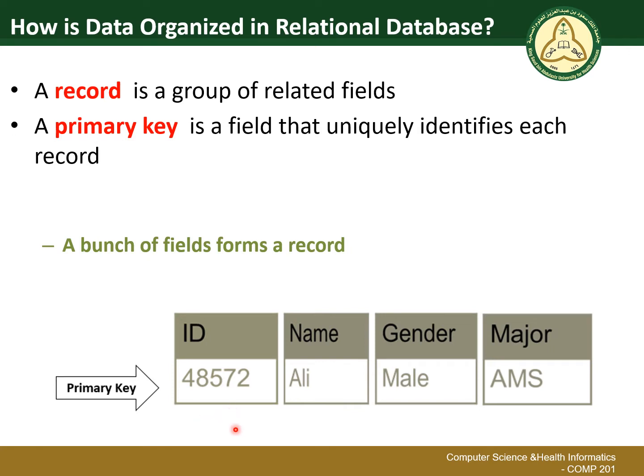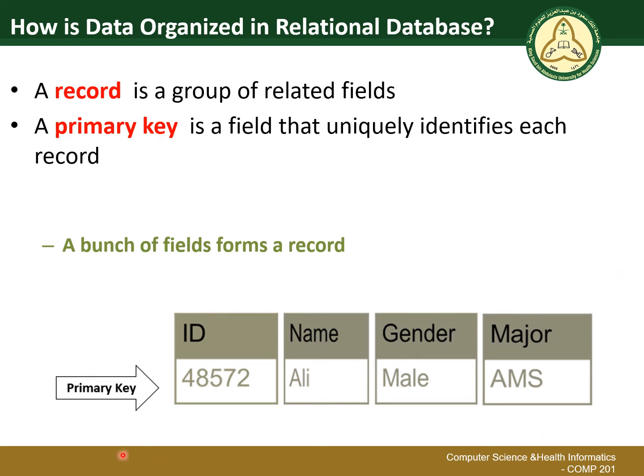All of this data is related to the student Ali. So we have here his ID, his name, the gender, and the major. And the primary key is the field that uniquely identifies each record.